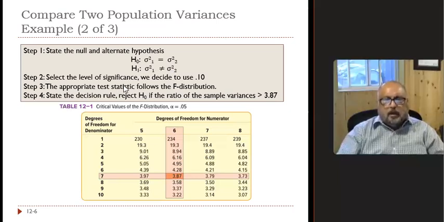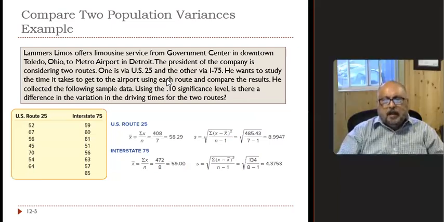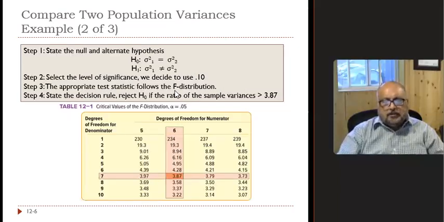Okay. So step 2 is selecting the level of significance, and I believe it's given to us here, 0.10. That's fine. Now we have to use F statistic for every F distribution.